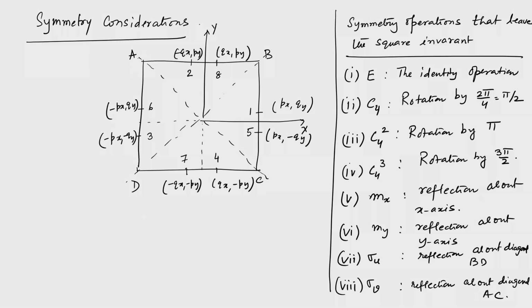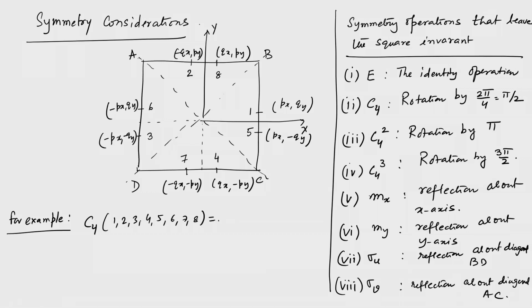It will simply be that 1 will go to 2, 3 will go to 4, and 4 will go to 7, and things like that. Let me show one operation, so for example, you can test it yourself. Apply C4 on 1, 2, 3, 4, 5, 6, 7, 8.